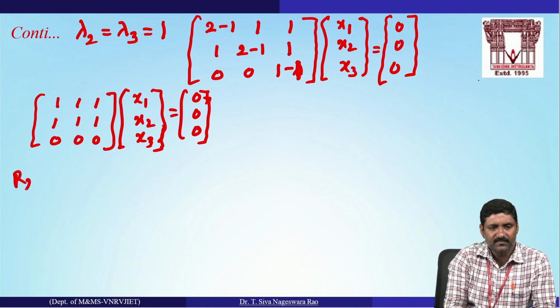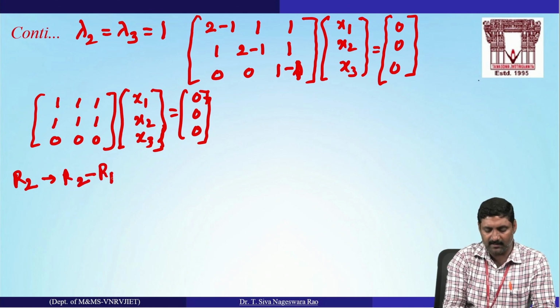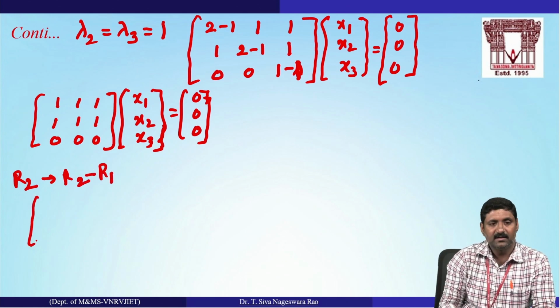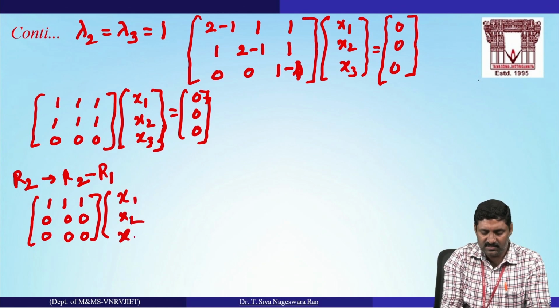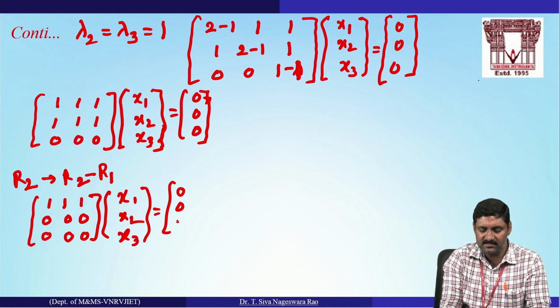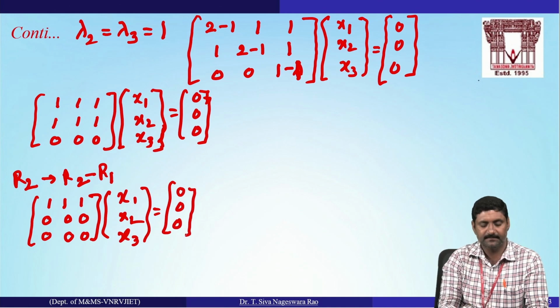Then R2 goes to R2 minus R1. Hence the resultant matrix is 1, 1, 1; 0, 0, 0; 0, 0, 0, multiplied with x1, x2, x3, and on the right hand side the 0 column matrix.